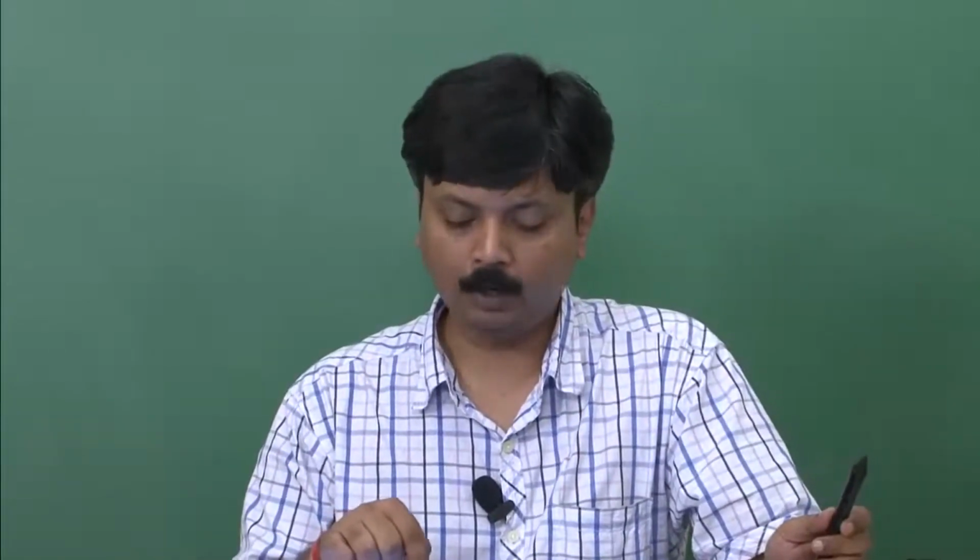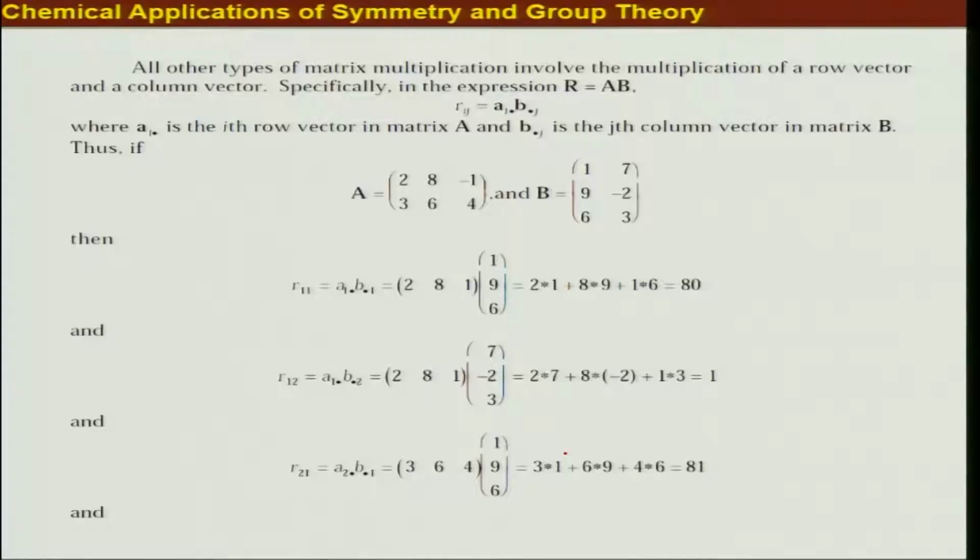This has been shown by a column vector and a row vector, but it is applicable to the matrix as a whole. All the other types of matrix multiplication involve the multiplication of a row vector and a column vector.